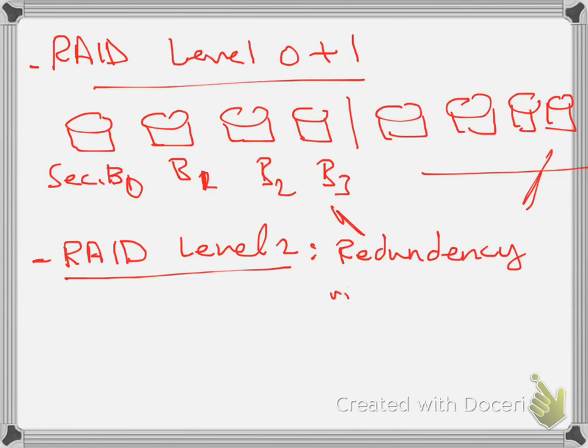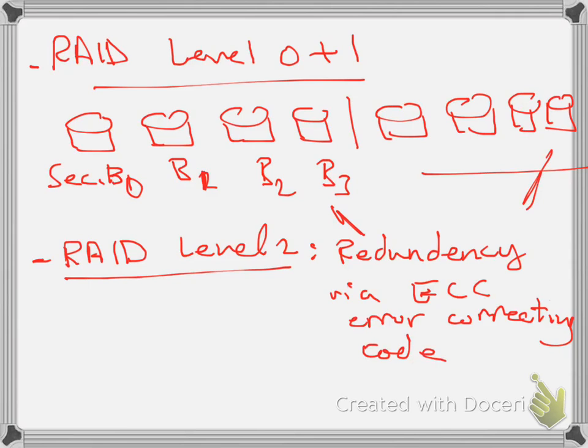It is via ECC, error correcting code. What does it mean? Meaning that with this RAID 2, we will have it like that.